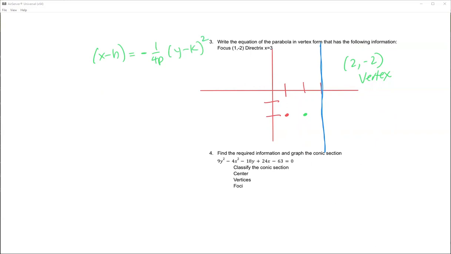Okay. So what happens here? What's h? x minus h is this number right here. It's 2, right? Is equal to, we'll talk about the p in a little bit. What's k? So it's -2, which makes it +2, and that's it. Okay.